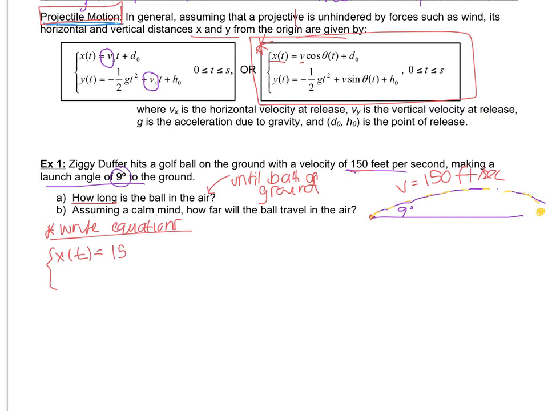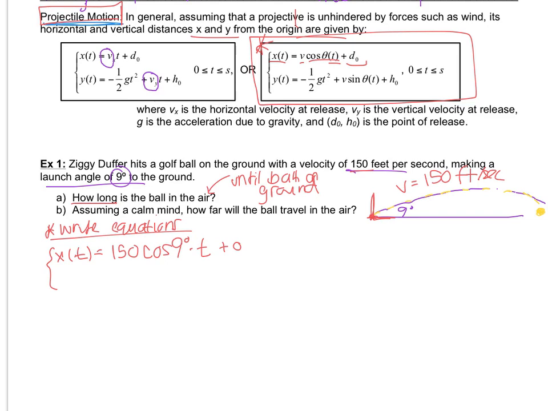So 150 times the cosine of theta, and theta is that 9 degrees, so cosine 9 degrees, all of that times t, plus d naught, or d sub 0, which is initial horizontal distance, but we're just going to assume that this is starting at the origin, or at 0, 0. So that's just going to be plus 0 for horizontal distance.